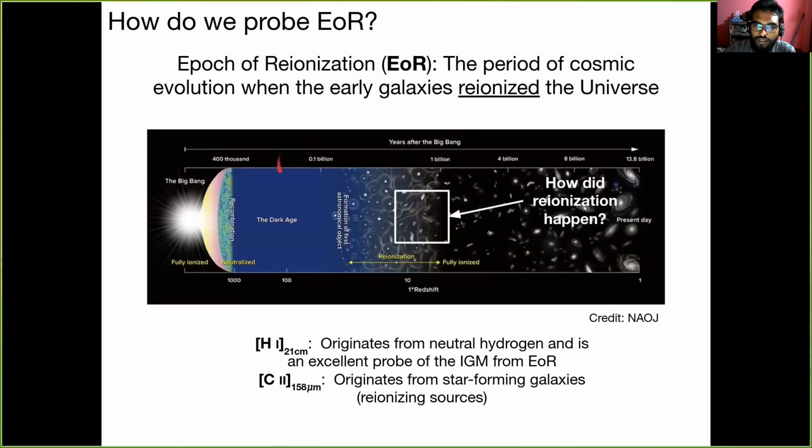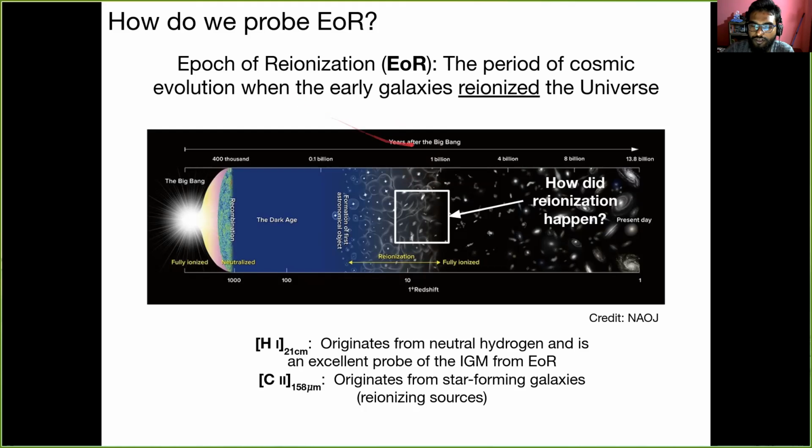We are interested in the evolution of the universe, and particularly the period when the early galaxies started emitting ionizing radiation, which eventually changed the state of the IGM.